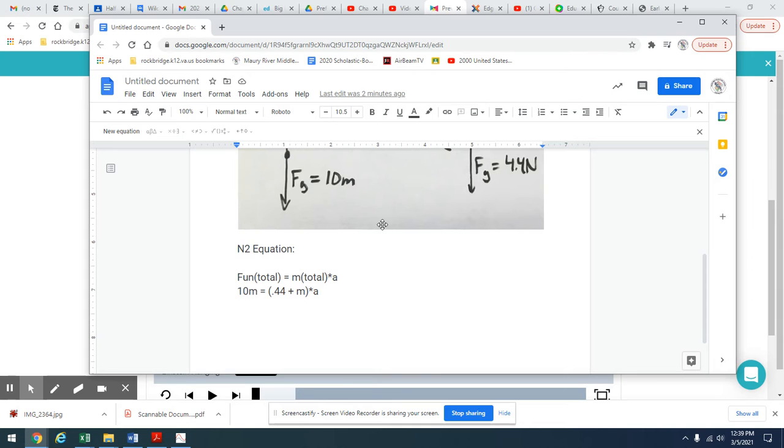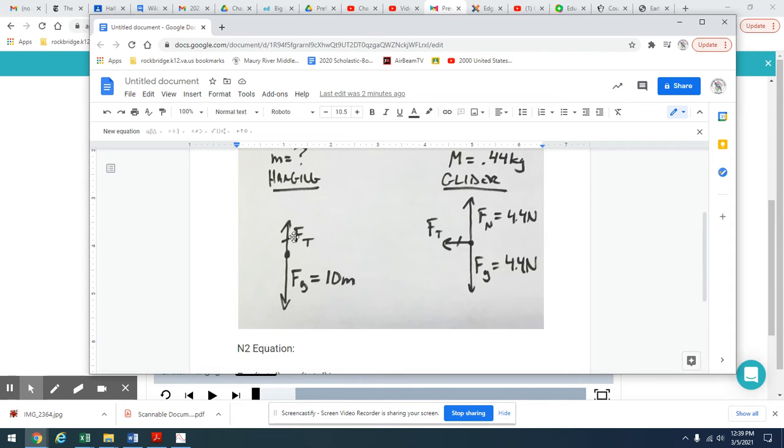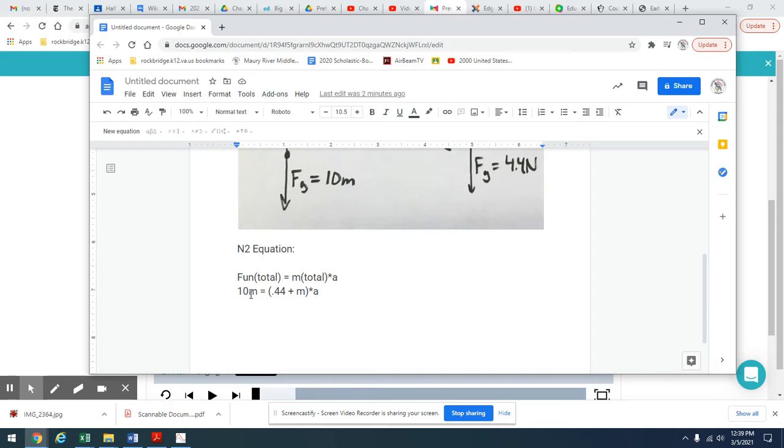So that's 10m because, as you can see, these cancel out. And I should have put 2 little tick marks on this and this. Those balance out and the 2 tension forces cancel out. So this is the total unbalanced force right there.